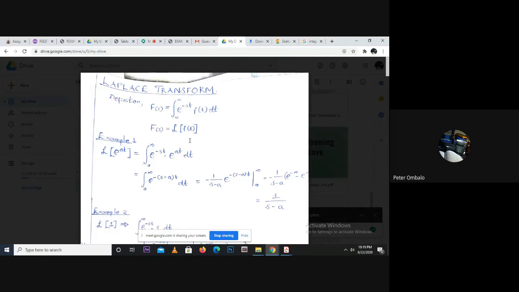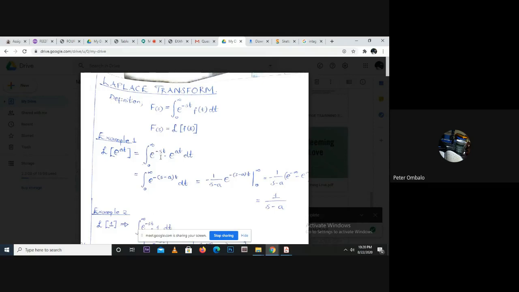So I guess with that, you can look at the first example. We have a function here, e to the at, and to get its Laplace transform, we're basically going to input this e to the at, because it's our function, into f of t over here.